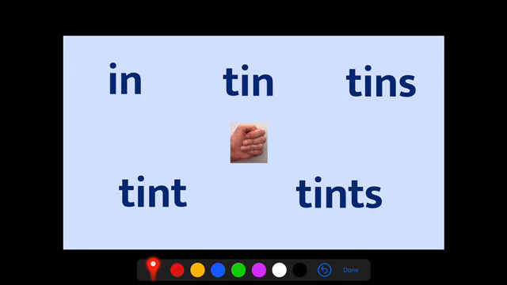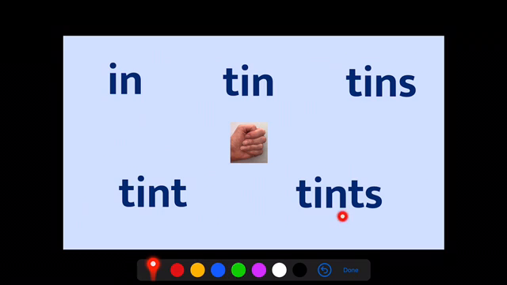In, tin, tins. And this time, the suffix S that we've added to the base word tin sounds a bit like Z, but we still write suffix S. Tint and tints.